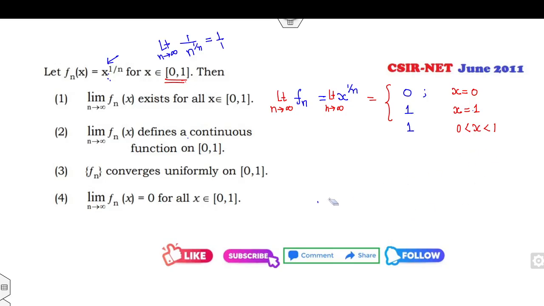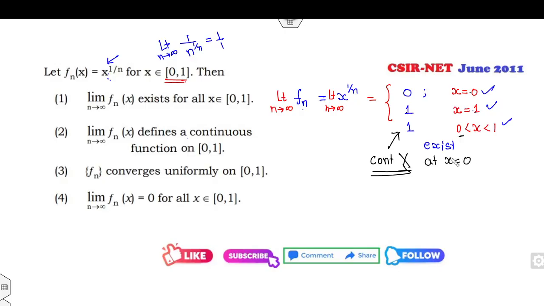Clearly, in all these cases, the limit exists. Therefore, fn converges to f pointwise. But is this function continuous? Clearly, this is not continuous, because at x equal to 0 you can see this function is not continuous.